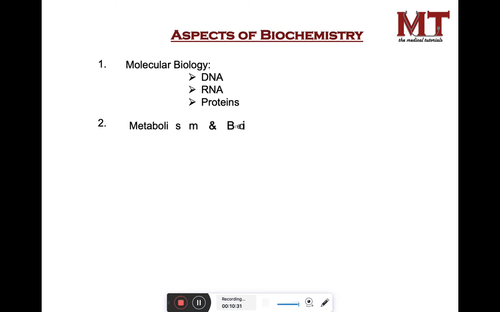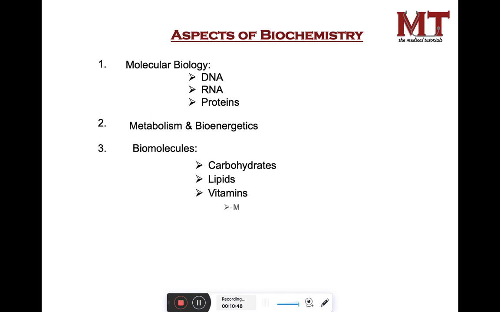Secondly, we study about the metabolism and bioenergetics, means how we take the energy from the environment and how we utilize the energy in doing the various biological functions. And thirdly, we study the various biomolecules, the carbohydrates, the lipids, the vitamins, the minerals, the water.